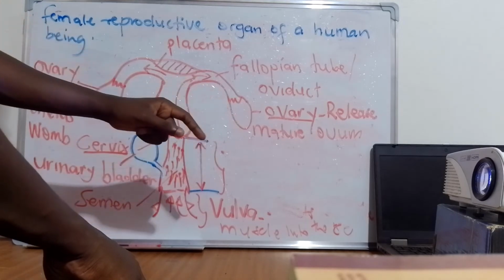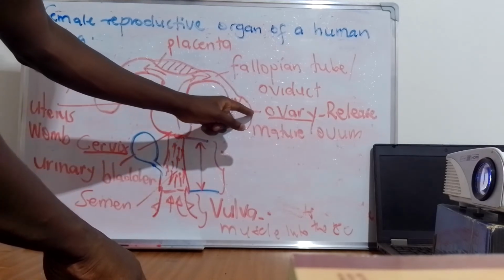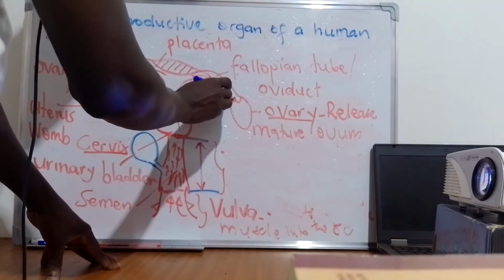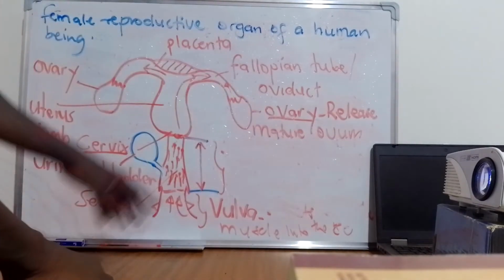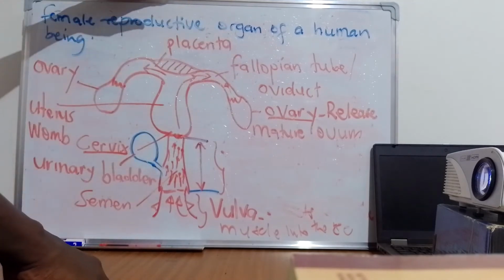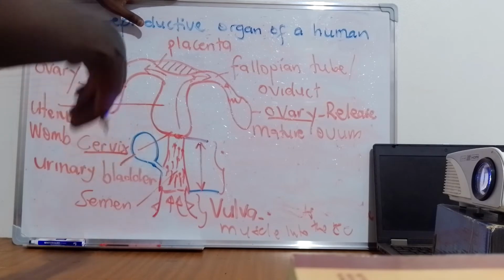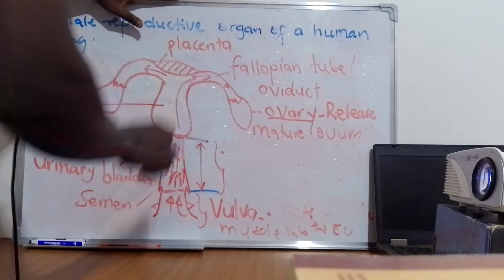After they have matured, the ovary releases one ovum at a time. So the ovum moves upwards into the fallopian tube. In case it finds semen or sperms here, it will get fertilized.